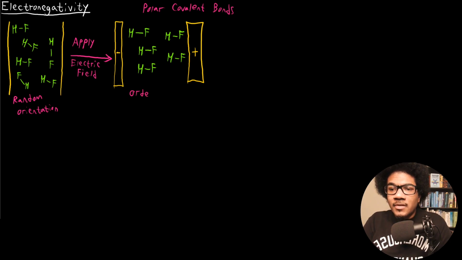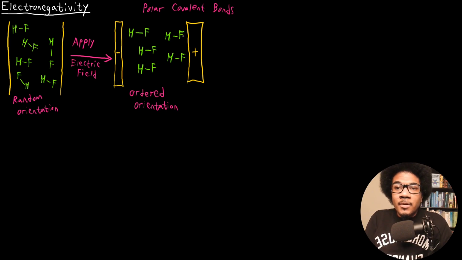So you would go from this random orientation to an ordered orientation that depends on the relative pole that the molecule is at, right? So the fluorine would face towards the positive pole and the hydrogen would face towards the negative pole.